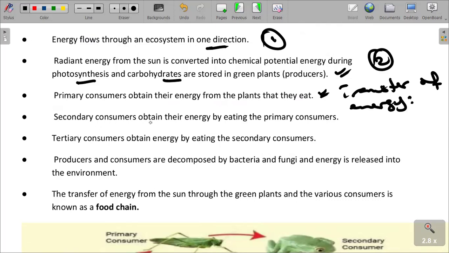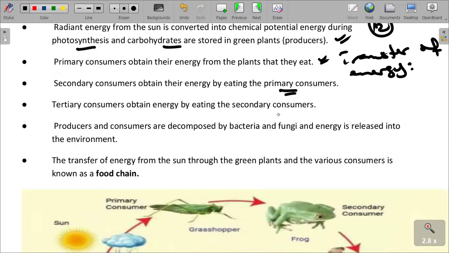So secondary consumers obtain their energy from eating the primary consumers. I'm going to show you this illustration just now. And then obviously tertiary consumers obtain energy from eating the secondary consumers. So this is a chain of interdependence where the producers are eaten by primary consumers.